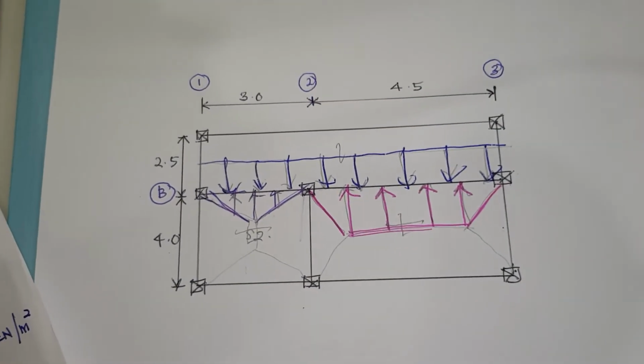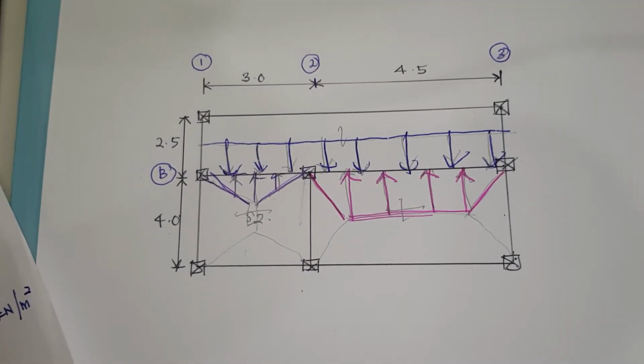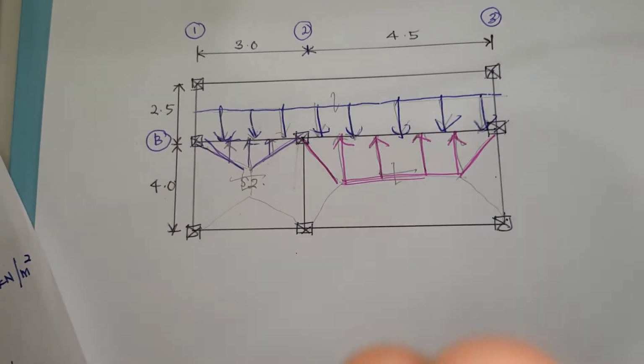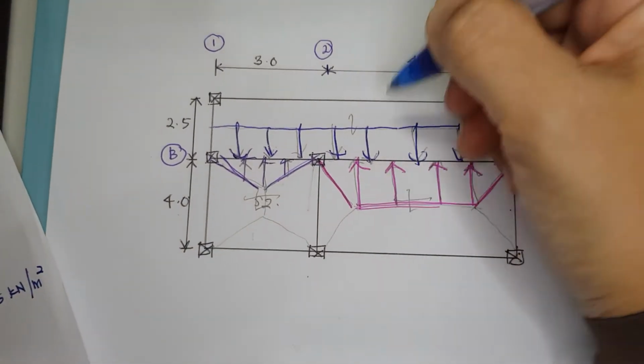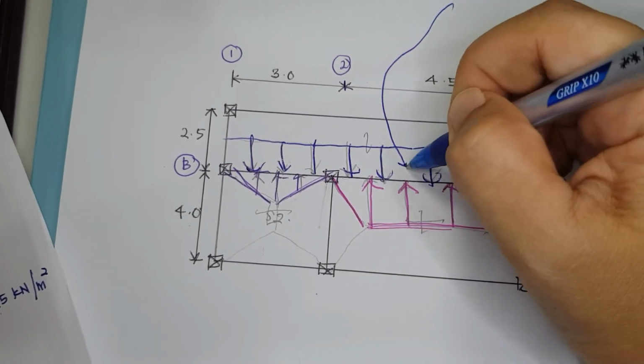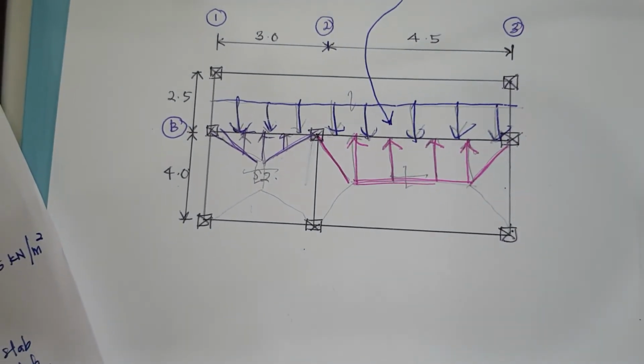Okay, for slab number 1, action from slab distributed to beam. So this is number 1. We have two options. No option, sorry.